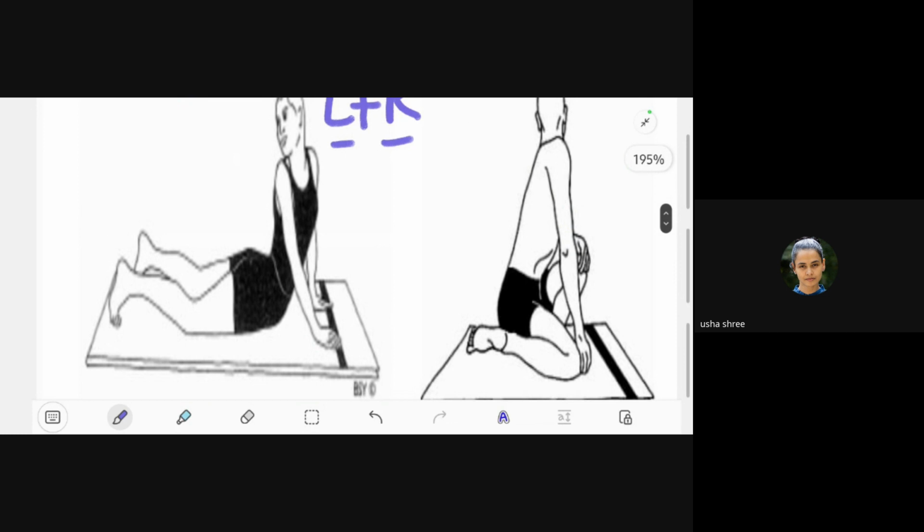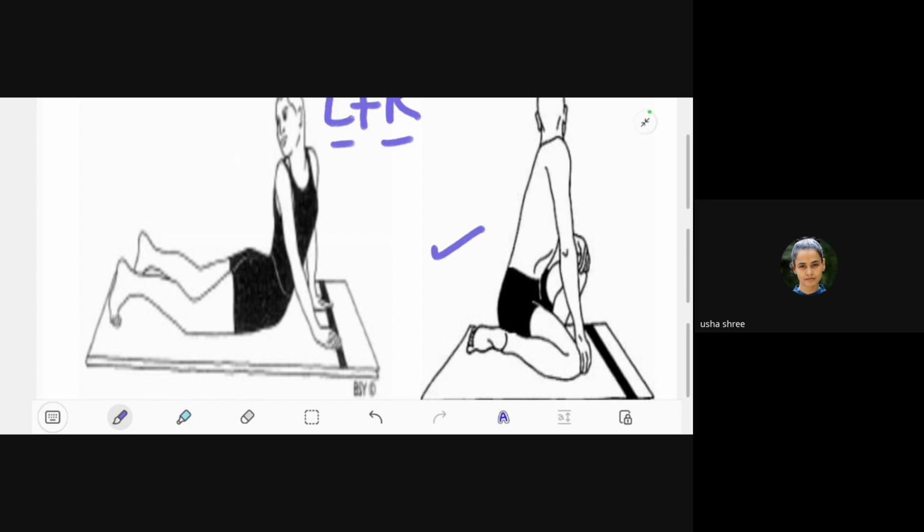When you perform this asana, it works on the last part of your intestine, which helps in making the food particles move throughout your body. That is why this is the last asana, where the last portion means the ascending, transverse and descending colon.